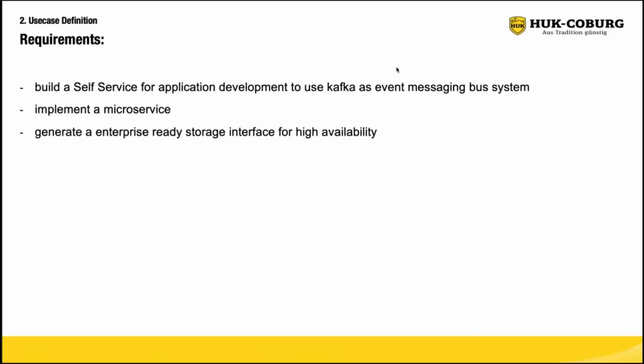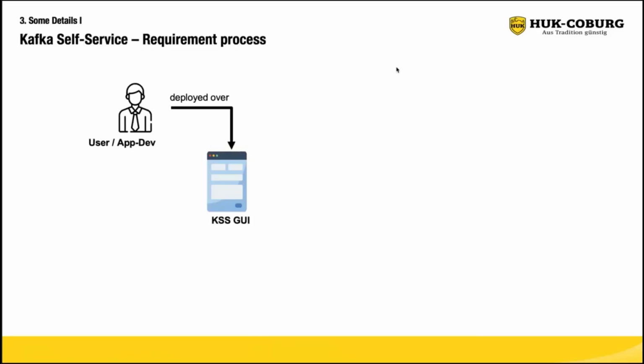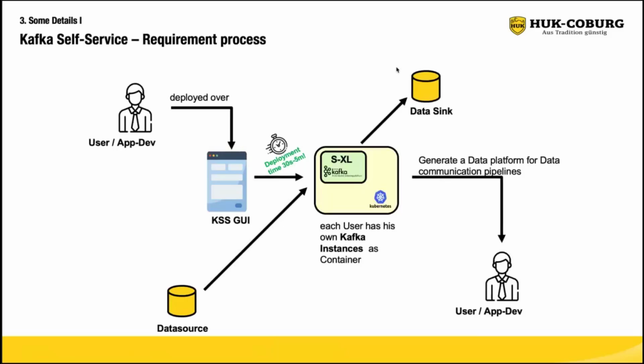Next slide. Okay, here you can see the complete picture. We have a Kafka self-service GUI. The developer requests a new container that establishes a Kafka server with Zookeeper implemented.